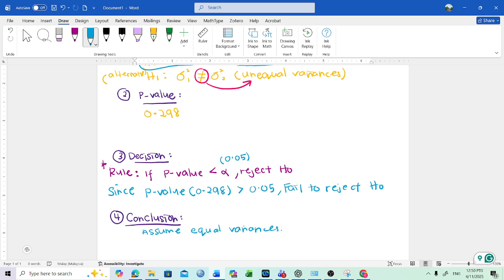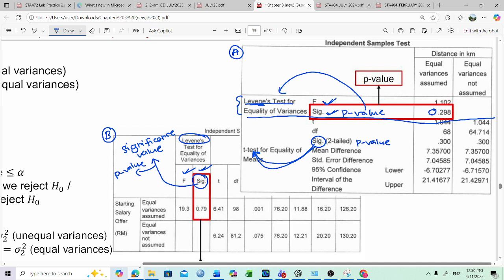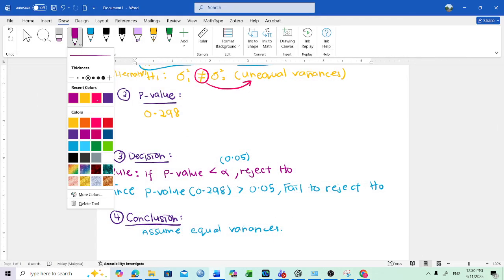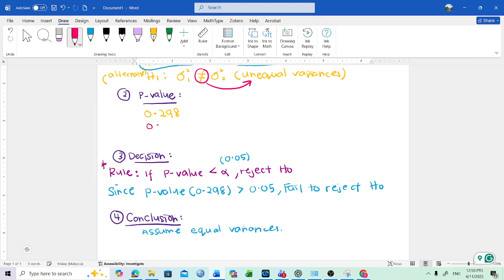Okay, let's take another example. Let's say for table B the p-value is 0.79. For example, I just put it here. So how do you make the decision?